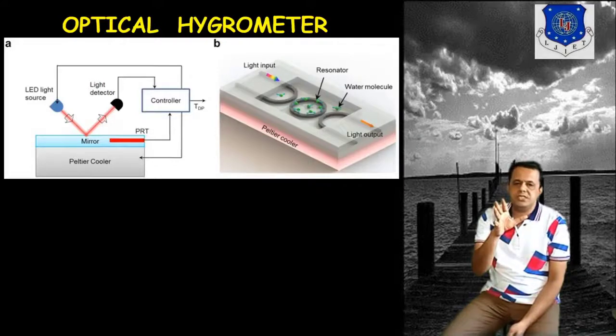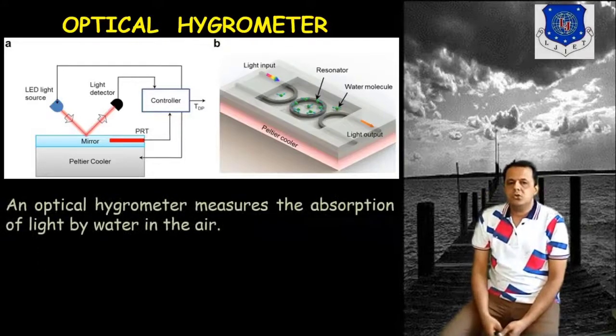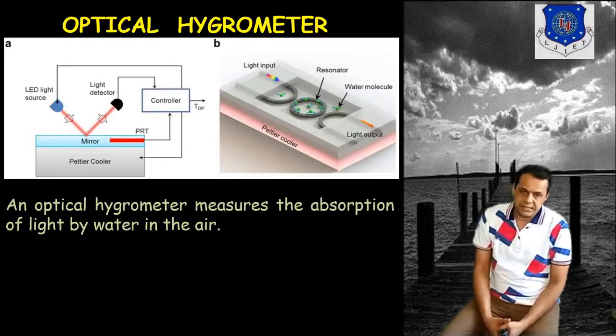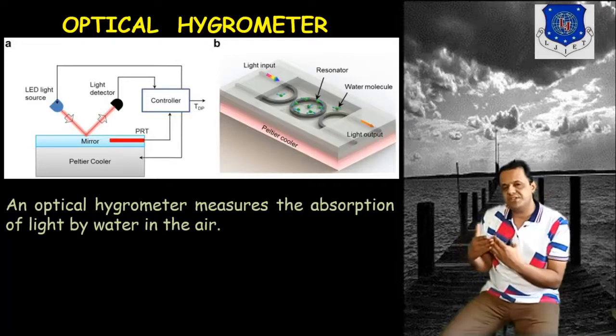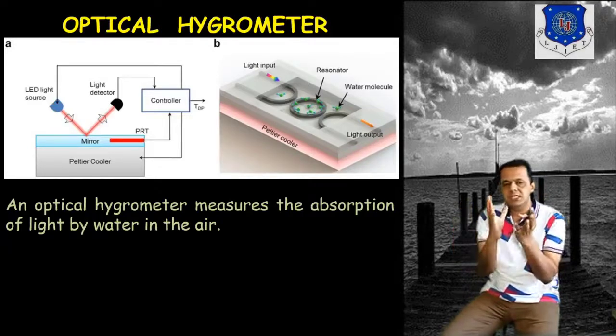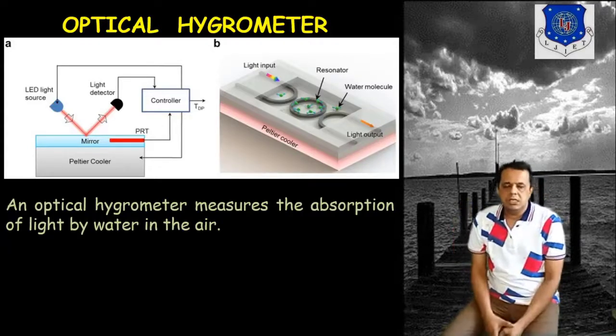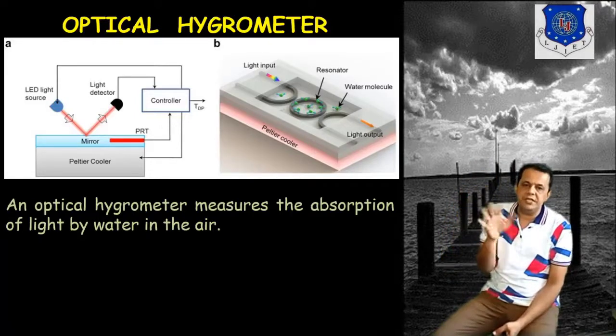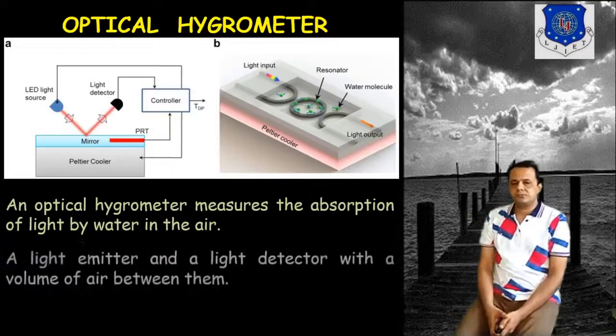The next is the optical hygrometer. When we say optical, we are talking about light rays. The optical hygrometer is based on the absorption of light by the water content in the air. As water content increases in the air, the absorption will increase, and the reflected light will differ at every content of the water vapor.